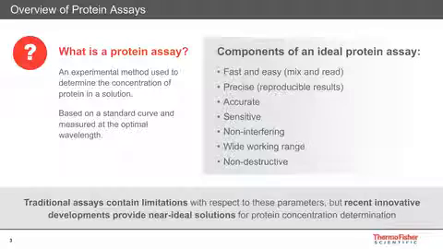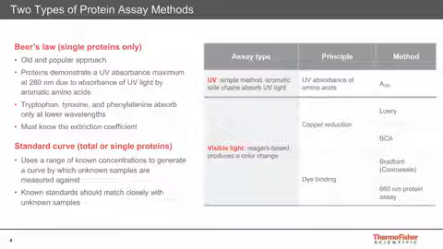Let's begin with what is a protein assay. Simply put, it is a method to determine concentration of protein in a solution. Now, what we need in an ideal protein assay is that it should be fast, reproducible, accurate, sensitive, non-interfering, should have a broad range, and it should be safe to use.